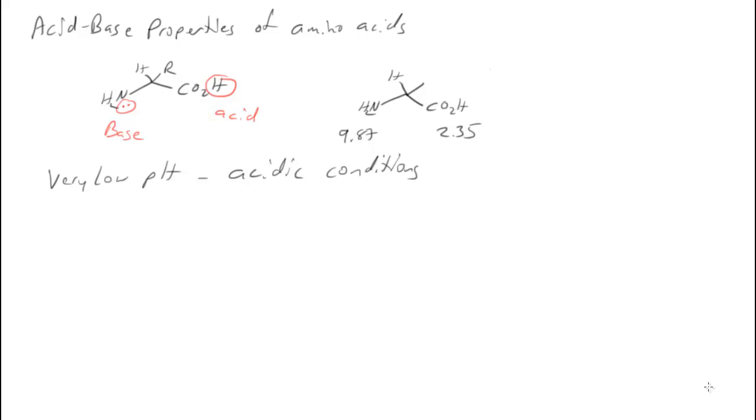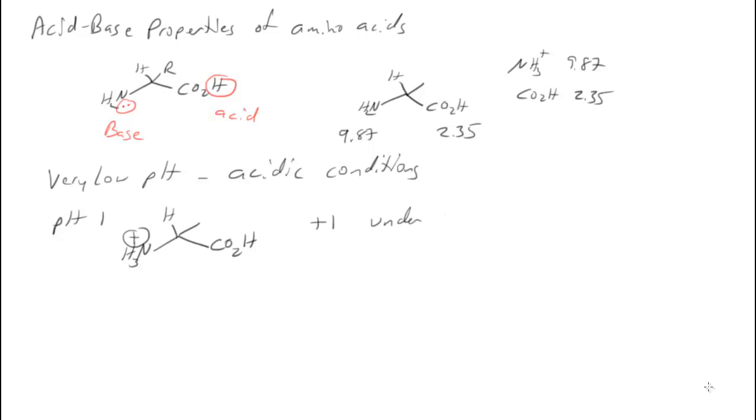So that would be for the NH3+. So that means that at a pH of 1, below both pKa's, the structure is going to look like this. The carboxylic acid will have its proton, and the amine will be an NH3+. So the overall charge on the molecule is going to be +1 under acidic conditions.